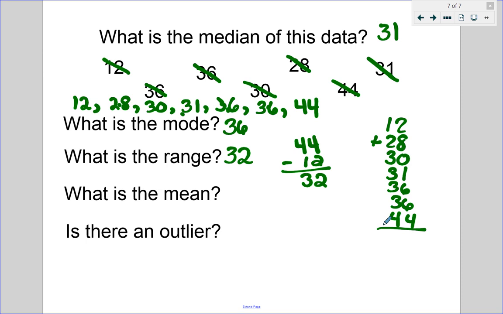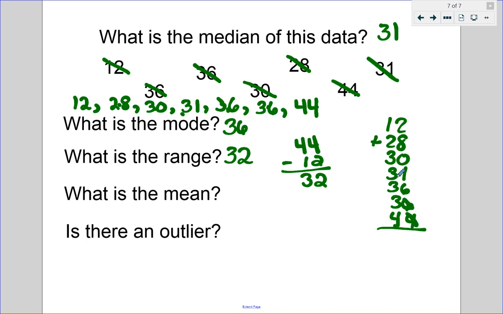I don't like to do straight columns with this, just because it does get a little monotonous. So I would do 12 plus 28, I would do 30 plus 31, I would do 36 and 36, and then the 44 by itself. So I would do answer to this, answer to this, answer to this, and then that, and put them together. But you work with what's best for you.